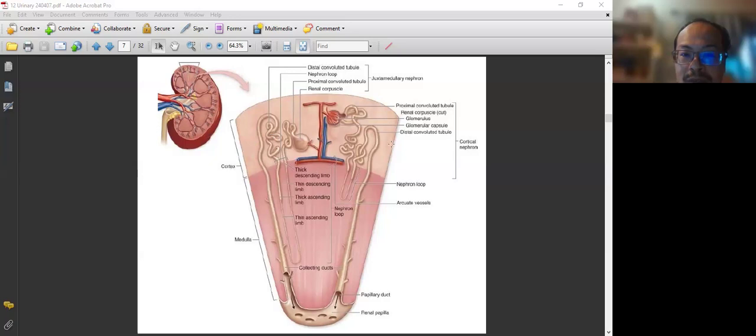The outer portion is normal, just like your interstitial fluid, but in the medulla we don't have as good circulation. Yes, we do have blood flow, but not as profound or as much as the cortex. So the interstitial fluid remains very salty, very condensed.